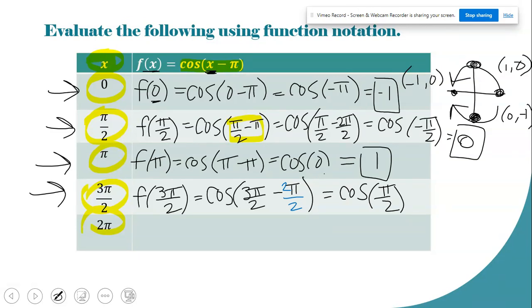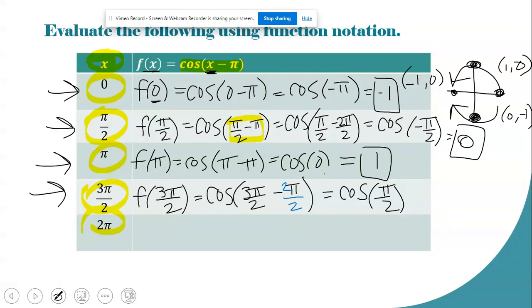That is up here. X is 0, y is 1. So that gives us back 0 because cosine is the x coordinate.